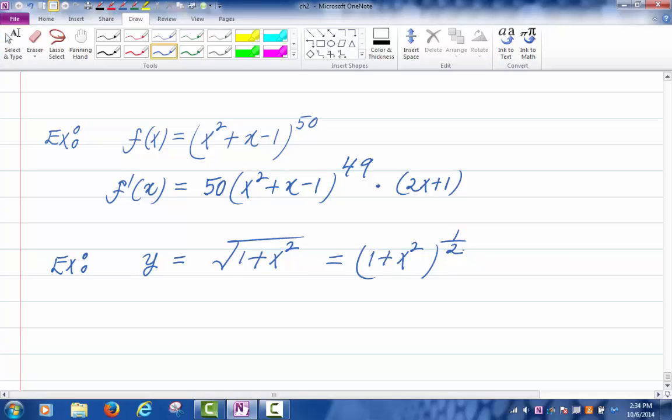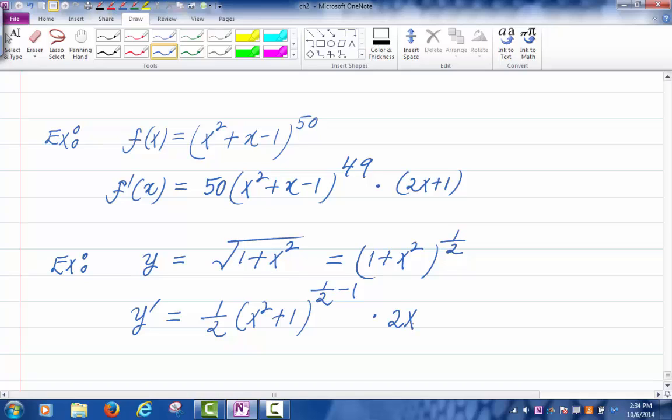So take the derivative assuming you have just x to the half, and the derivative would be half times that to the half minus 1. And then you multiply by the derivative of the quantity that you wished was x, and the derivative of that is what?